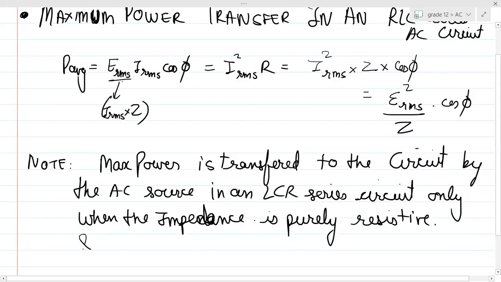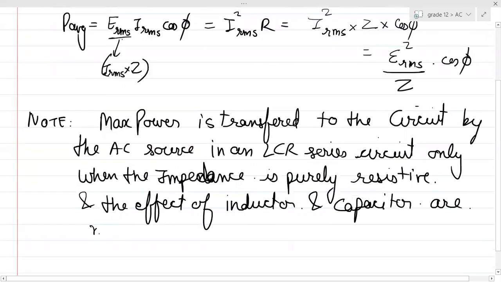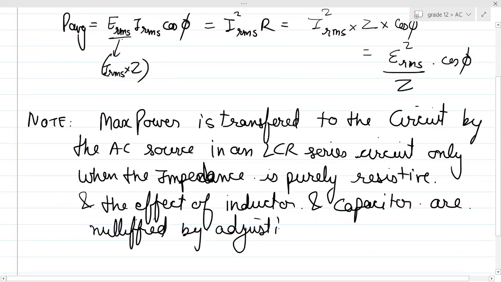So that implies the effect of the inductor and the capacitor, basically L and C, are nullified by adjusting their values.